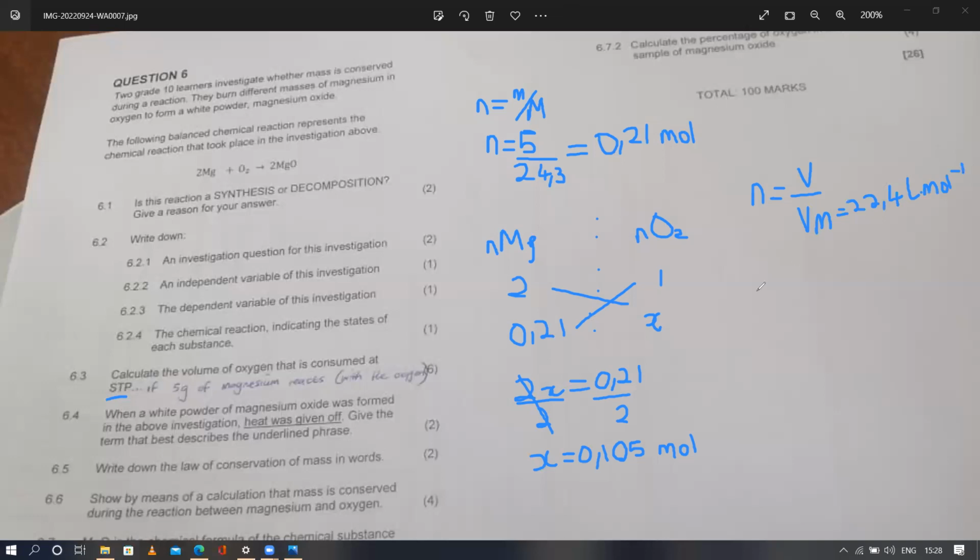So you make the volume the subject of the formula. You're going to have V is equal to n times Vm. So now your volume is going to be 0.105 times 22.4.